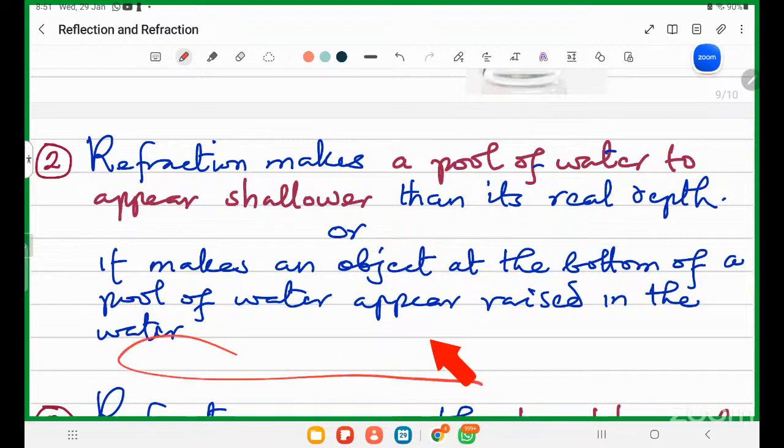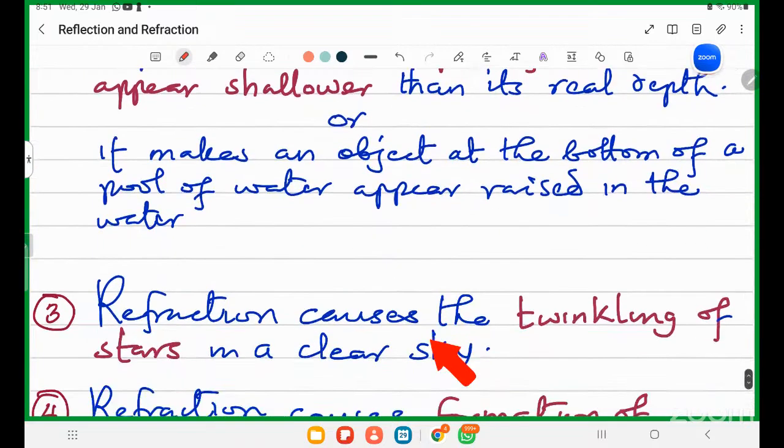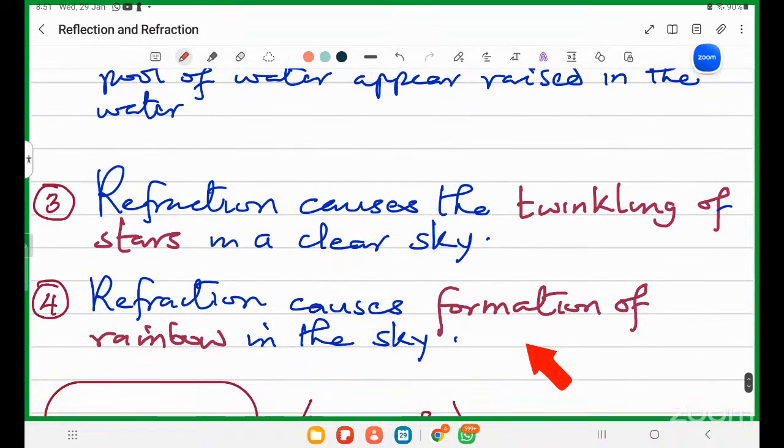Another effect of refraction is the twinkling of stars. Refraction causes the twinkling of stars in a clear sky. Then another one is that refraction causes the formation of a rainbow, having those seven colors: red, orange, yellow, green, blue, indigo, and violet.